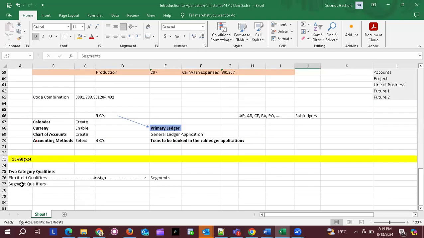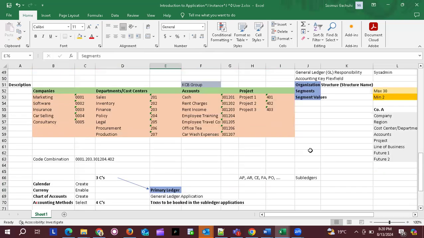So qualifiers are, before I talk about, let me provide the information for where we assign this. For segment qualifier, we assign them to segment values.